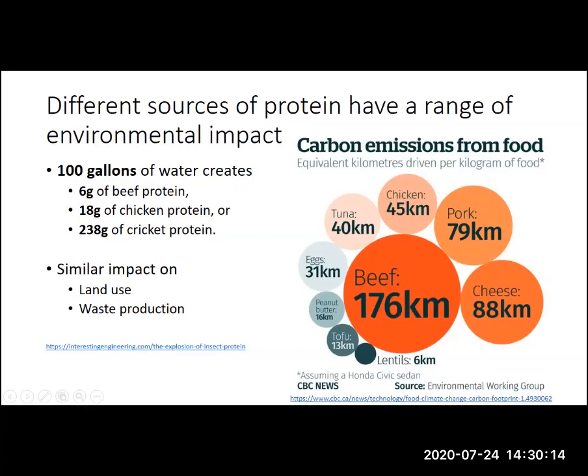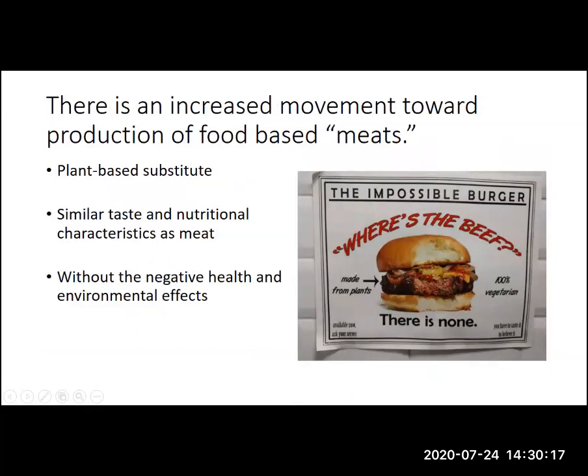And so there's an increased movement towards the production of food-based meats that are substitutes, that aren't using animal-based meats, but are using a plant-based substitute. The example of that that came out a couple of years ago is the Impossible Burger.